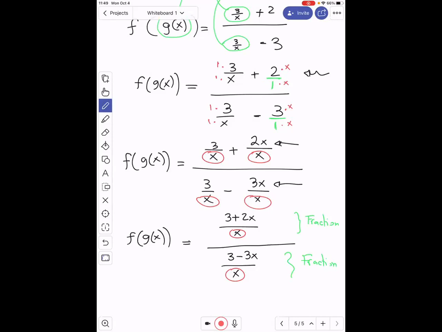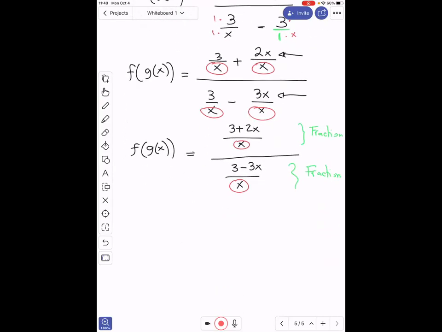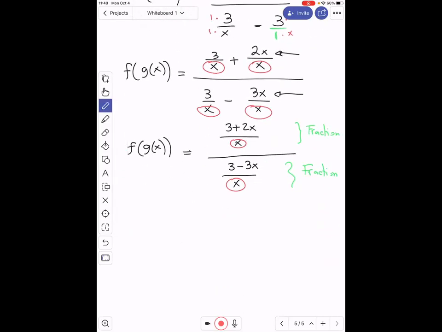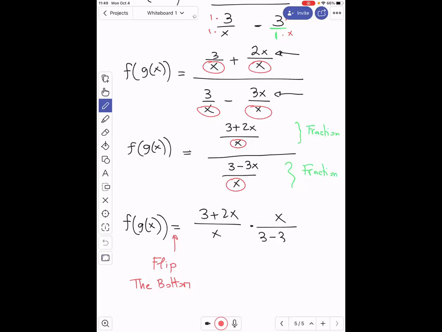So f of g of x will be equal to, in the top, 3 plus 2x over x. That's my top. The denominator, we have to flip, so we multiply by x over 3 minus 3x.